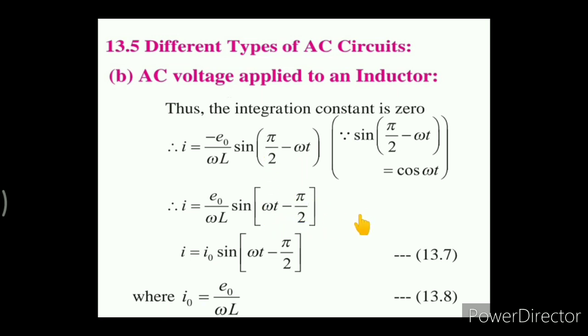And hence here we are writing E0 upon omega L as I0. So we are getting the instantaneous value of the current I is equal to I0 sine omega t minus pi by 2. Give it equation number 7, and I0, which we are taking as E0 upon omega L, we are giving equation number 8.